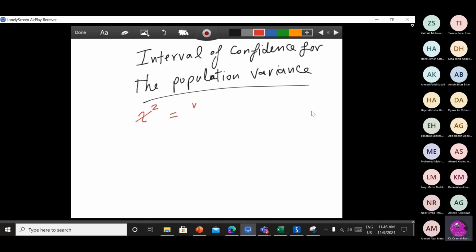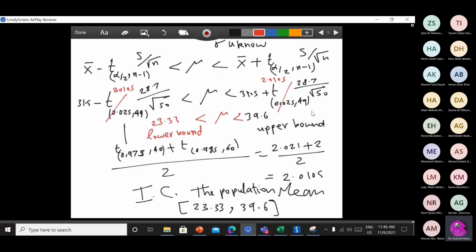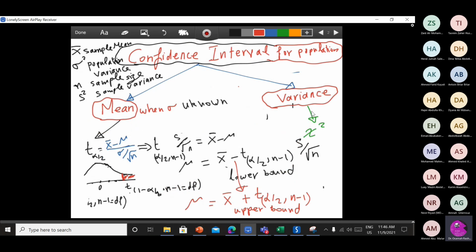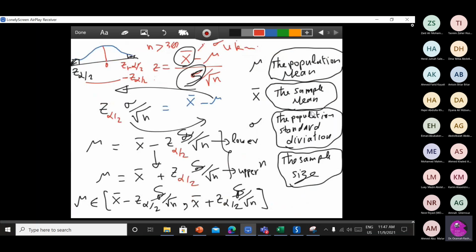We have this formula for the chi-square for comparing one sample variance. I think you are familiar with the notation now, as I explained it in the beginning of the lecture. X bar is a sample mean, sigma square is a population variance, n is the sample size, s square is the variance of the sample, so s only will be the standard deviation of the sample.